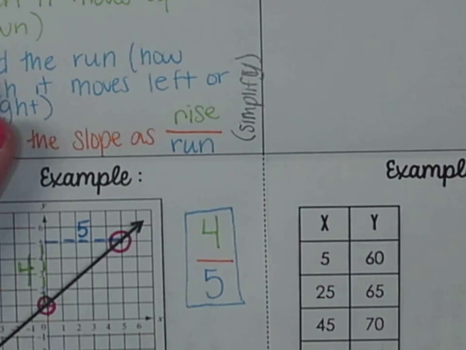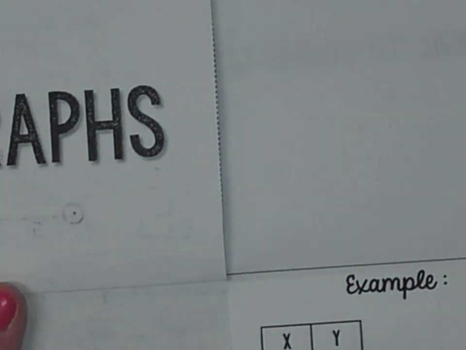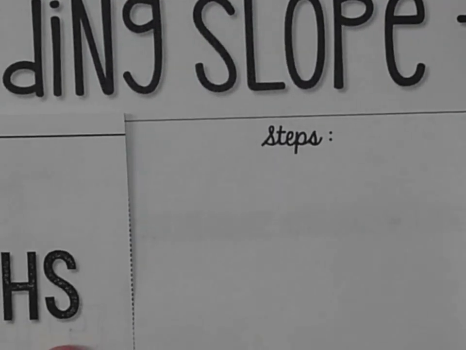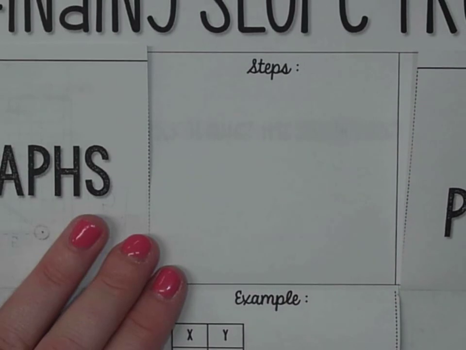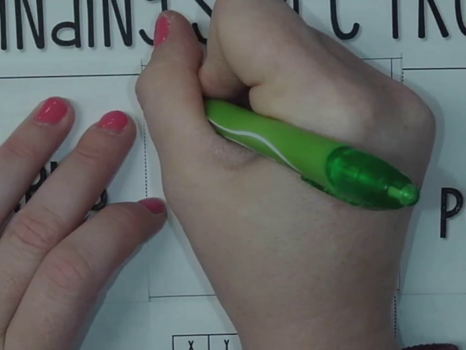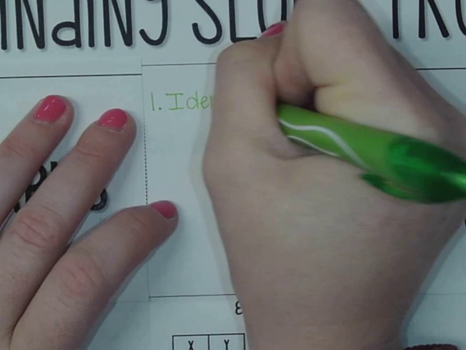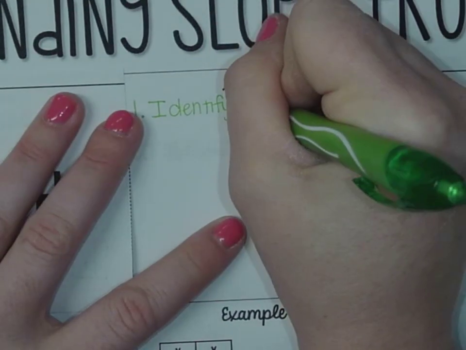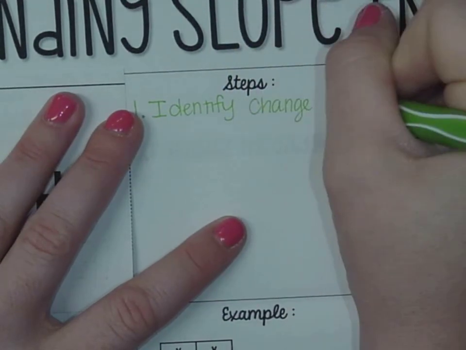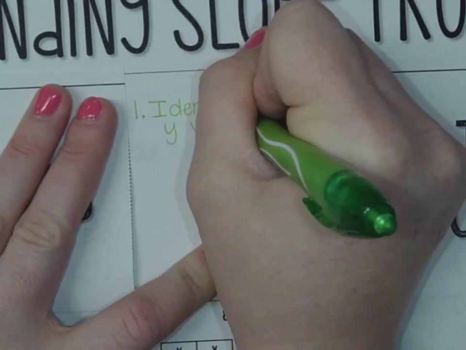Okay, let's do from the tables. First thing you're going to do is identify change in y values.